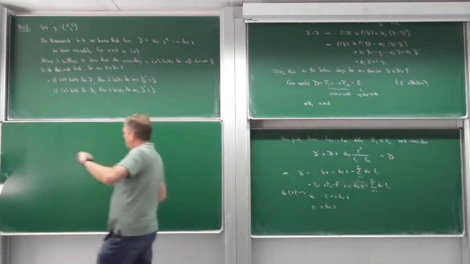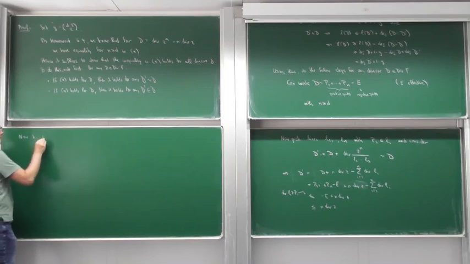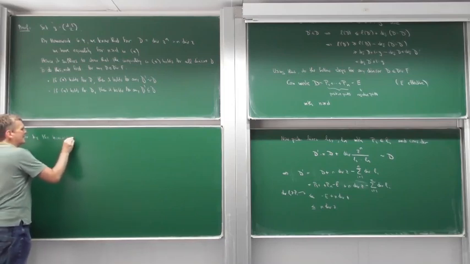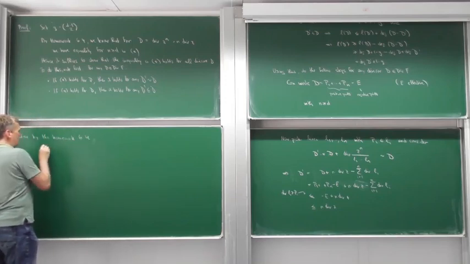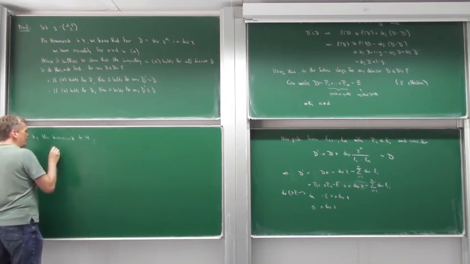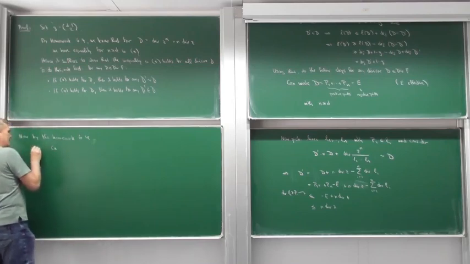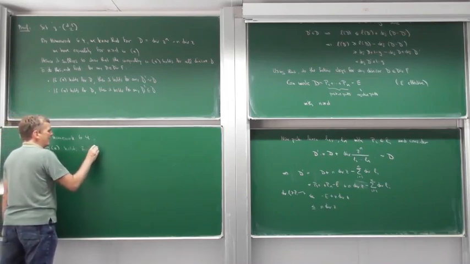So now, again by the homework, we know that the inequality star holds for n times div z.